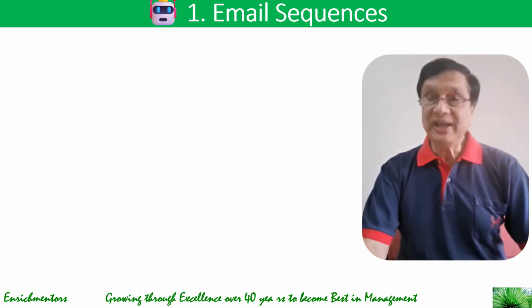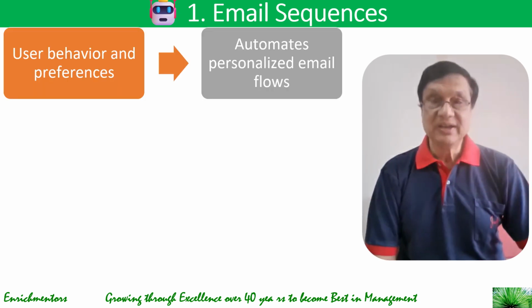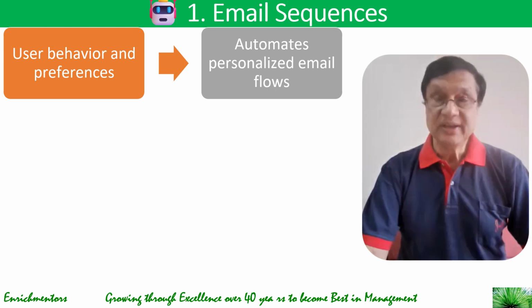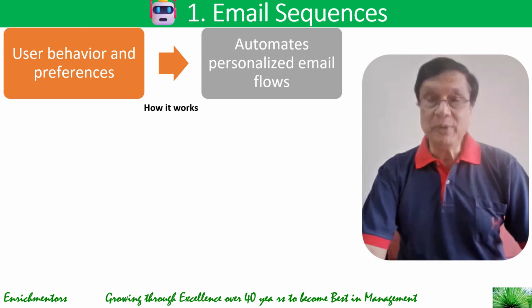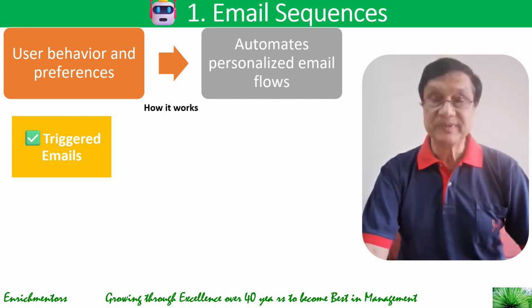AI automation can personalize email flows based on the user behavior and preferences. And how does that work? It starts with the AI monitoring the customer actions like sign up, cart abandonments, website visits, and automatically sending tailored emails.